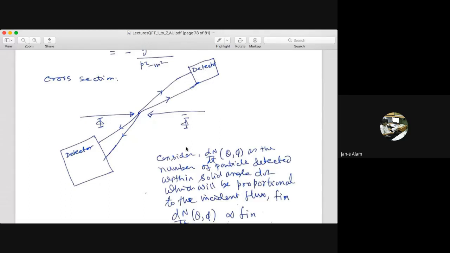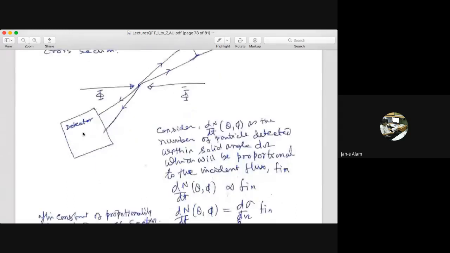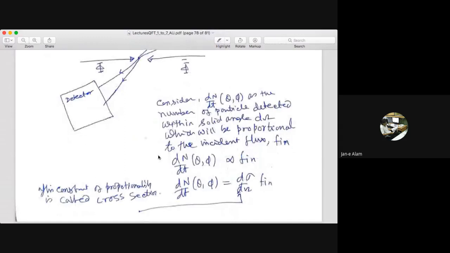So the number of particles you detect will be proportional to the initial flux. This is just common sense. And this constant of proportionality is nothing but the cross section. That's all.